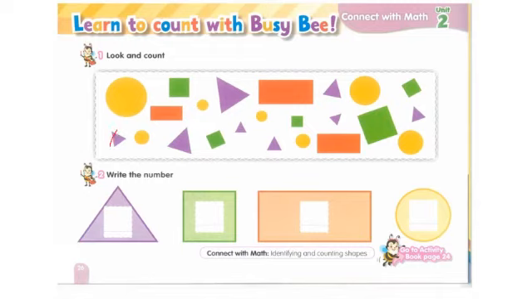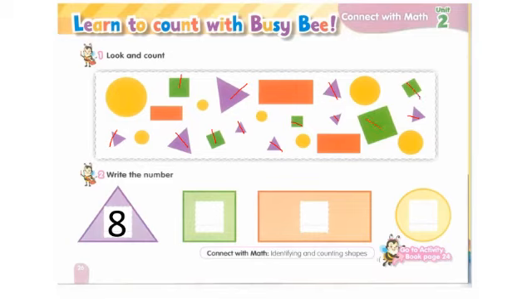Here's 1, 2, 3, 4, 5, 6, 7, 8. We have 8 triangles, right? Yes. The next shape here is the square, right? Let's count how many squares we have. Here's 1, 2, 3, 4, 5.